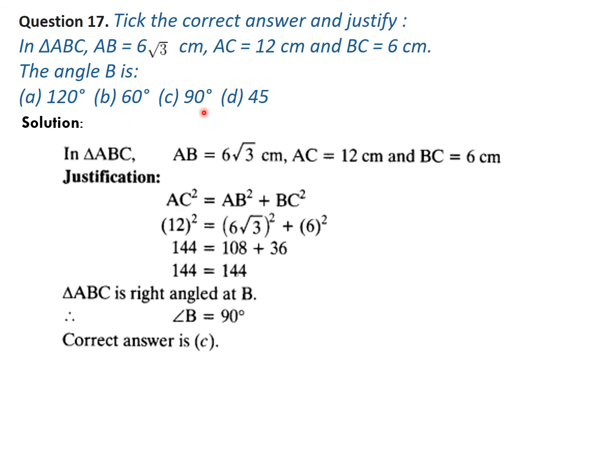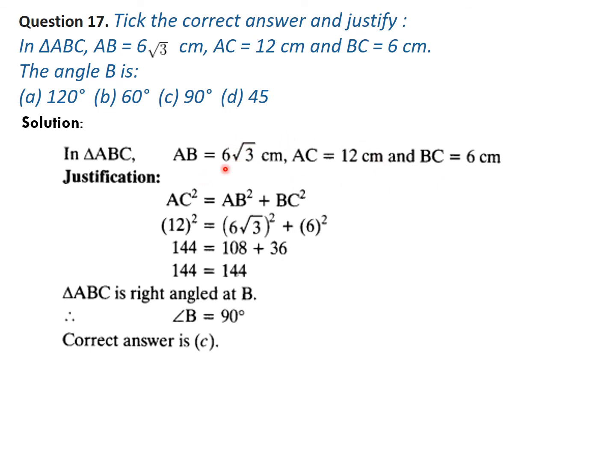We can try out for 90 degree. Let's see whether it is supporting the Pythagoras theorem or not. So we'll take out the square of each of the lengths of the sides, and we will take the sum of the squares of the smaller sides. So we can see BC and AB are quite smaller than AC.